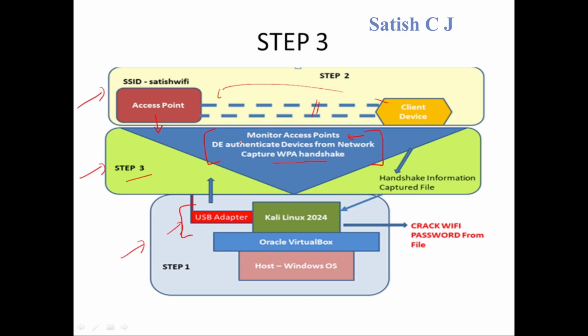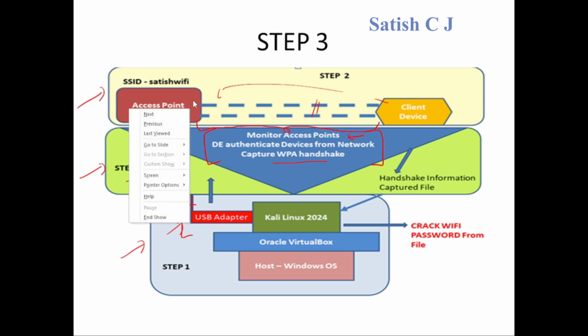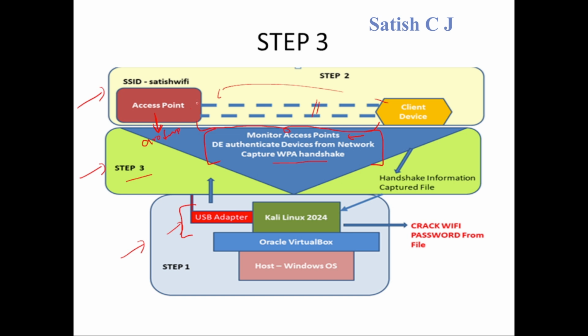So what we have completed just now is we have dumped the information about access points using Aircrack-ng. And not only that, we are also waiting for a handshake file, the information about the handshake between the client and the access point. A handshake will happen only when the client tries to connect to the access point.